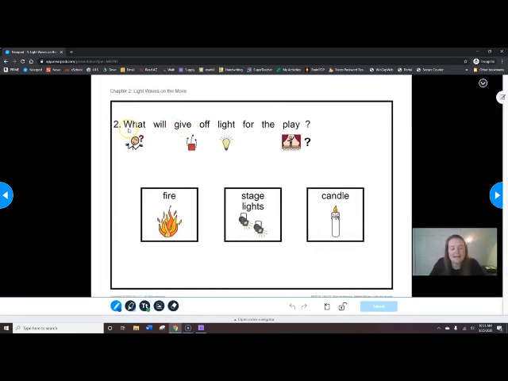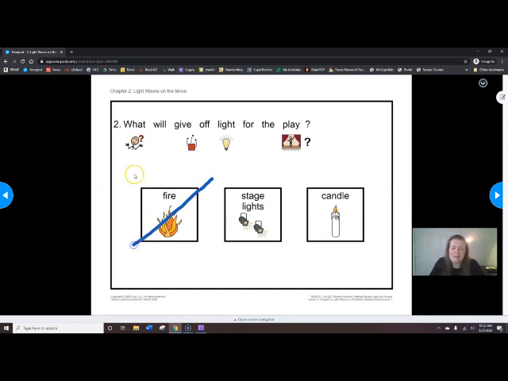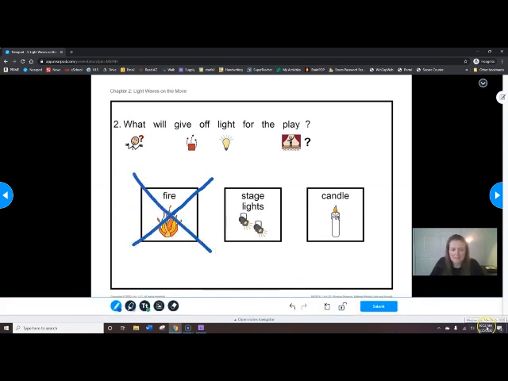Okay. Next question, number 2. What will give off light for the play? Are they going to use fire for light for the play? Stage lights or a candle? Fire is dangerous. We did not read about fire, and they're not going to use fire for the play.